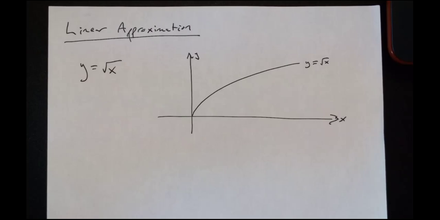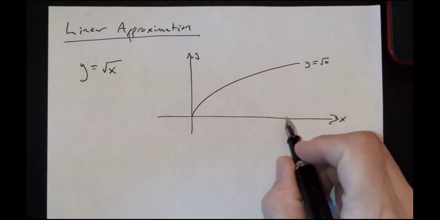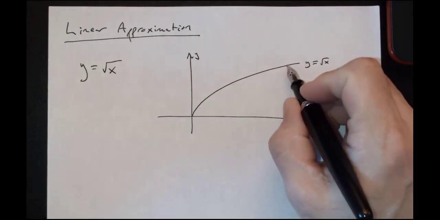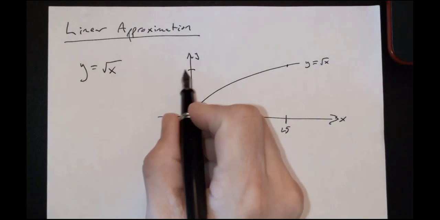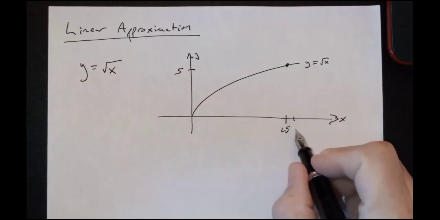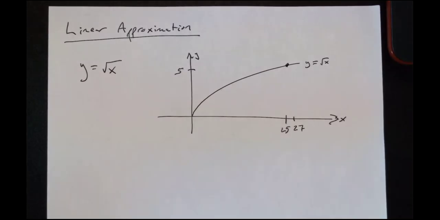Why 5 something? Bingo. Square root of 27 is close to square root of 25, and I know the square root of 25. So out here at 25, I know exactly this value is 5. If I want to know the square root of 27, I just need to move the dot.